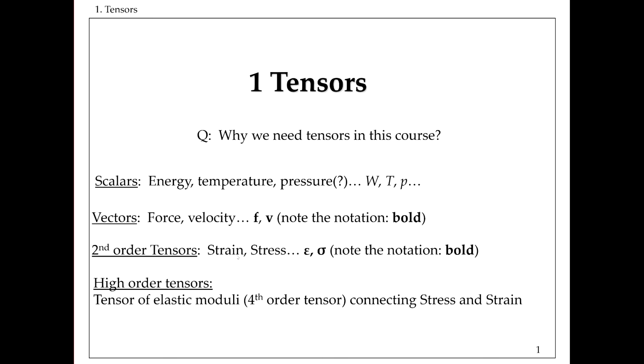And this is just an example of an application of what we will be dealing with, stresses and strains. But it is of course much more generic and used in many other fields, not only in mechanics of materials or mechanics of soft materials.